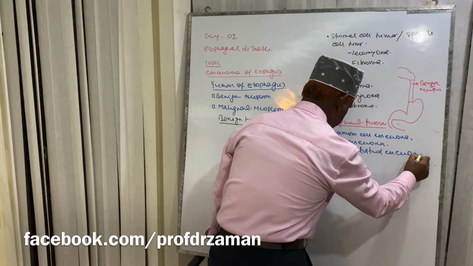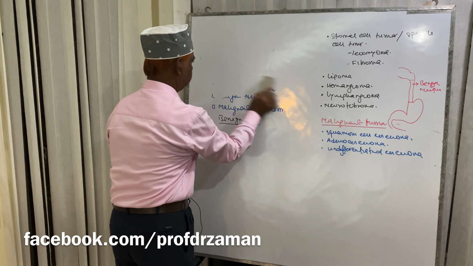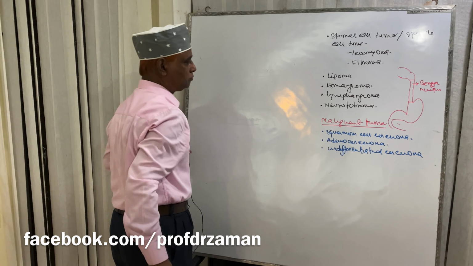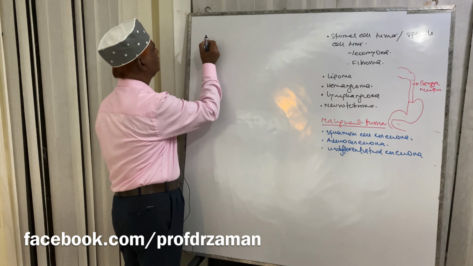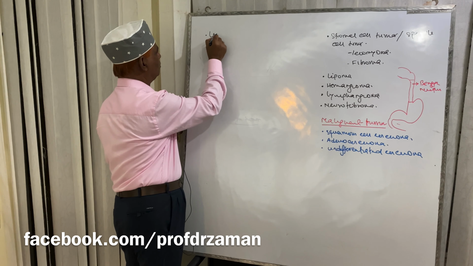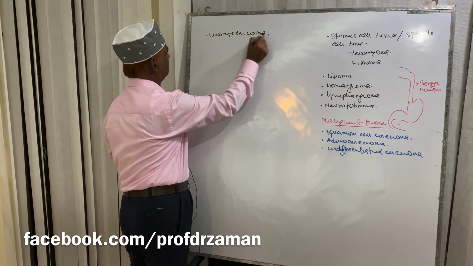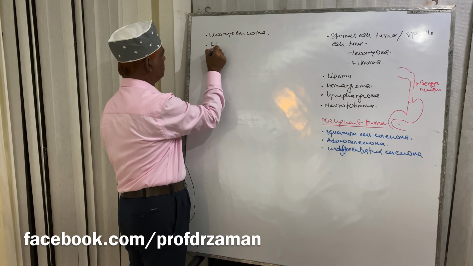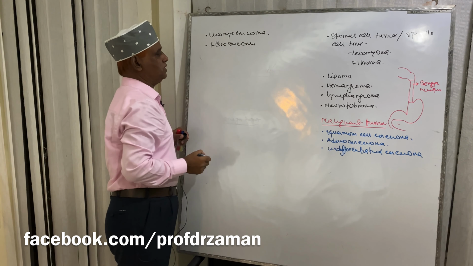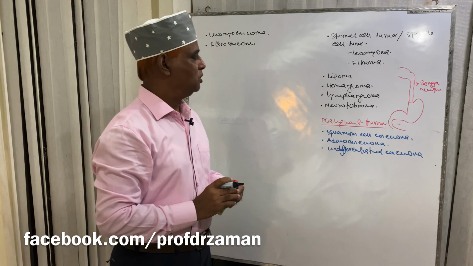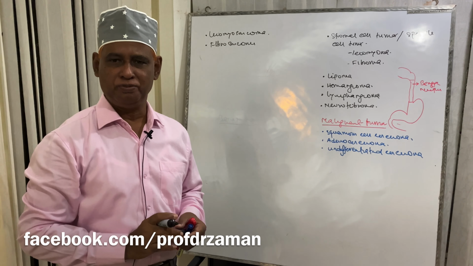Besides this, there may be leiomyosarcoma, there may be fibrosarcoma. So these are the different malignant tumors of esophagus.